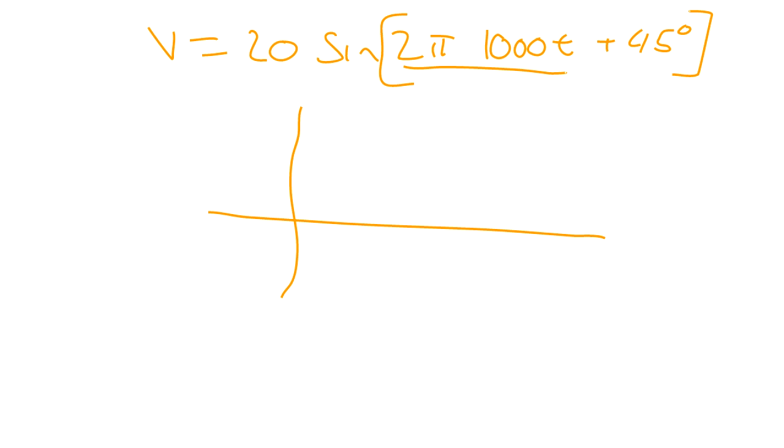Are you actually starting off at 0, or are you now starting off at 45 degrees? So this would actually be shifted somewhere along the x-axis, just the way we did in algebra. This number shifts it by 45 degrees, and basically what we're doing is turning this into a cosine function.